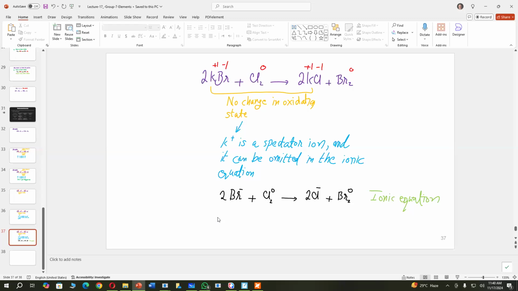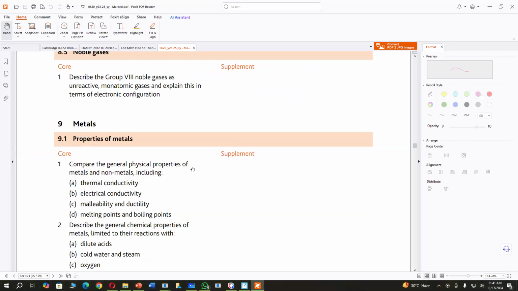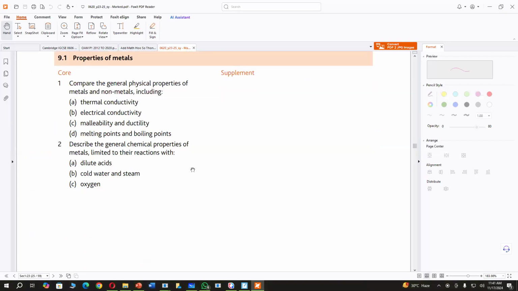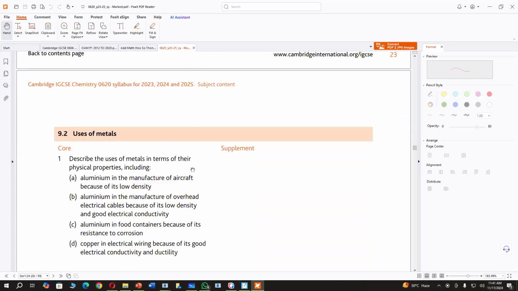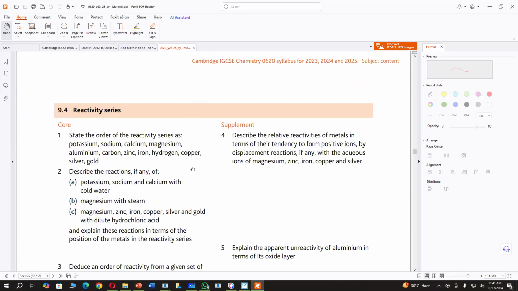Every equation by default is called a basic equation, which is non-ionic. Ionic equations the examiner wants us to write on demand. You can't remove the spectator ions if it's a non-ionic equation. If it's a standard equation, you should never try to remove the spectator ions, that can cause a serious problem.